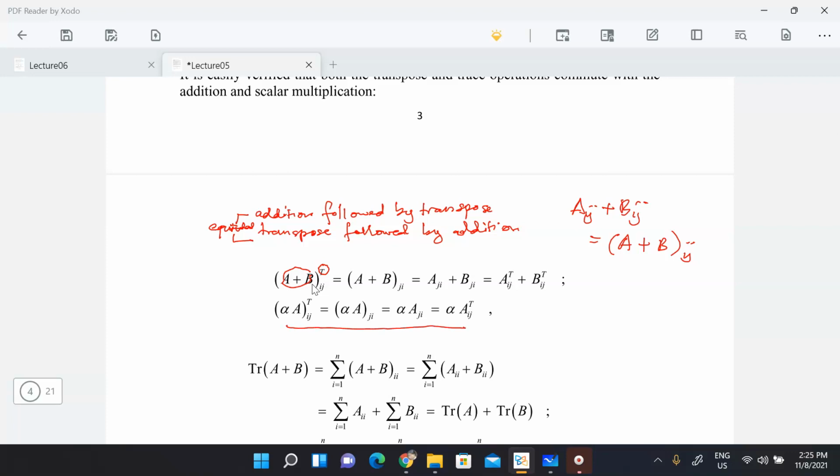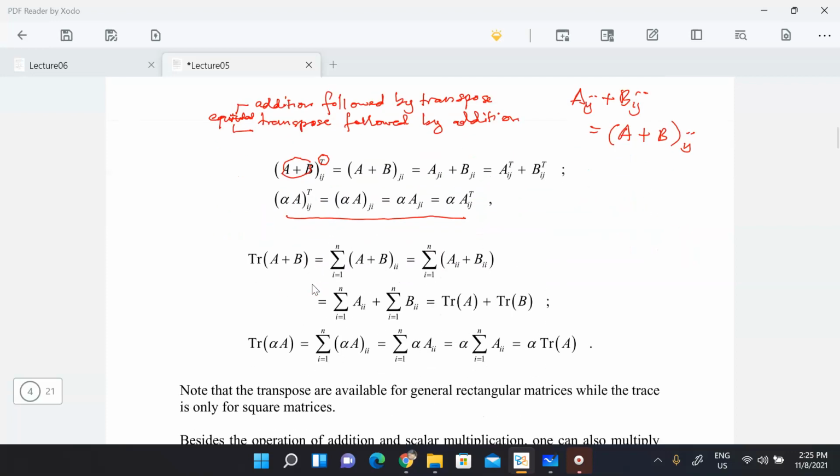What about trace, which we left a little bit before this, because I wanted to introduce transpose first. In the case of trace, you'll see that using the index notation again will help you a lot. For example, I have trace of A plus B. That corresponds to the sum of the ith element of A plus B, which is the diagonal element.